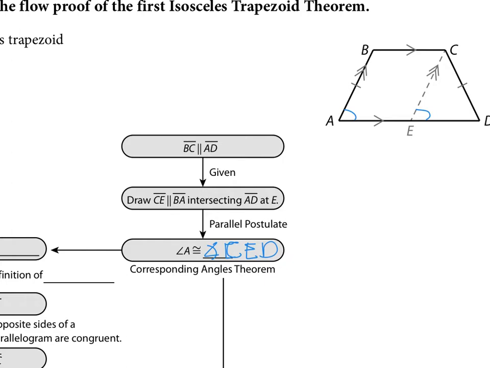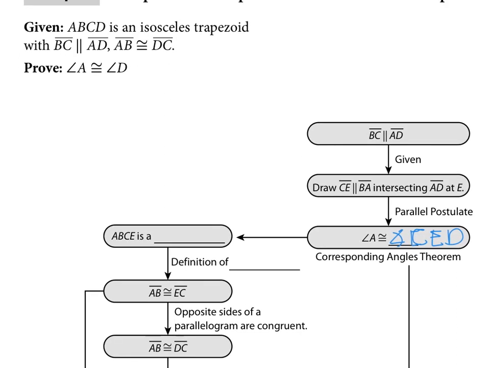So let's go over here. We'll fill in ABCE is a parallelogram. And if it's a parallelogram, then that means its opposite sides are congruent. So that's our AB is parallel to EC.